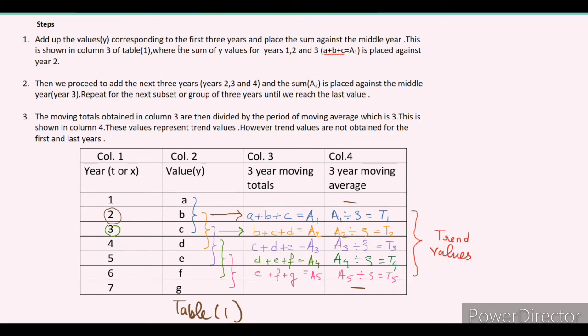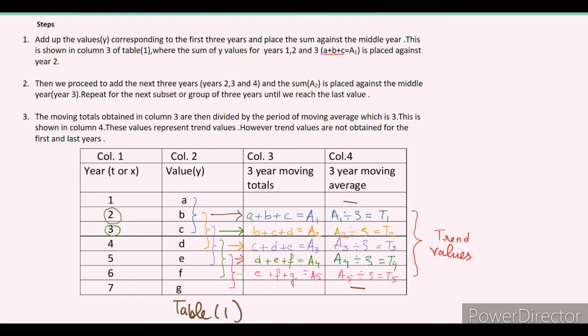We keep on adding, as long as we can take a group of 3 years, and place the value against the middle year. So there is a middle year over here, and over here, and finally over here.